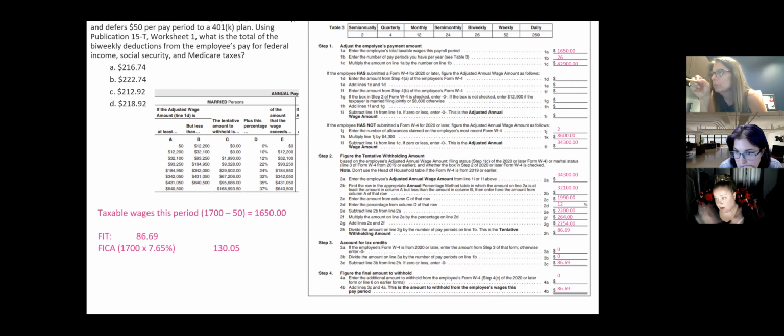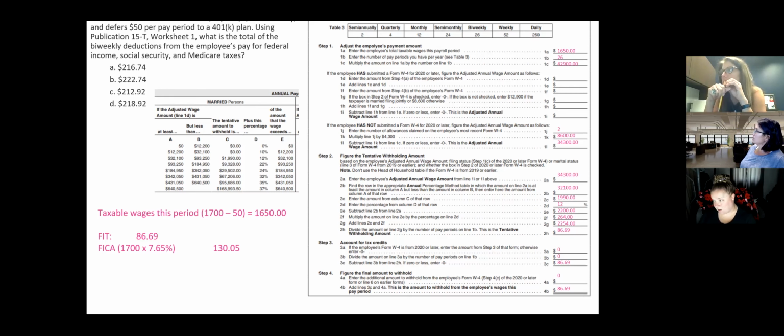So we annualized it, blew it up to a whole year, and then we sucked it back down, divided by 26 again to get it per pay period. This person doesn't have any additional amount on their W-4, so that 86.69 is going to be the federal withholding. To figure out FICA and Medicare, make sure that you do not subtract out that $50 401k.